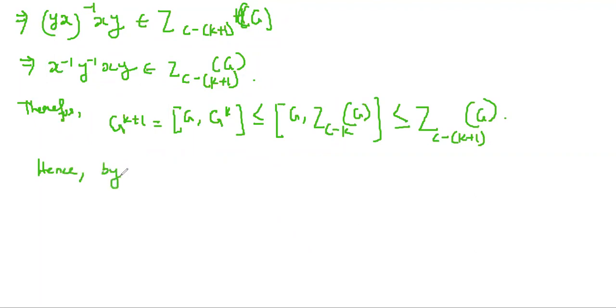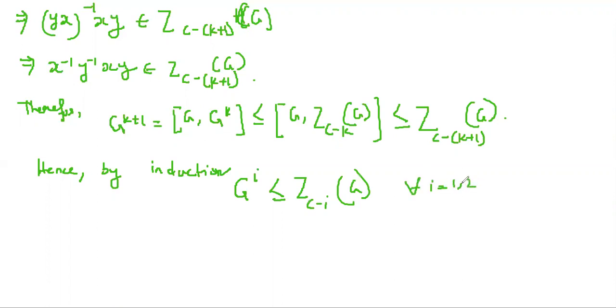Hence, by induction, G_i is a subgroup of Z_{c-i} G for all i equals 0, 1 to c. Once this is done, the rest is very easy. Why? In particular, for i equals c, what happens?